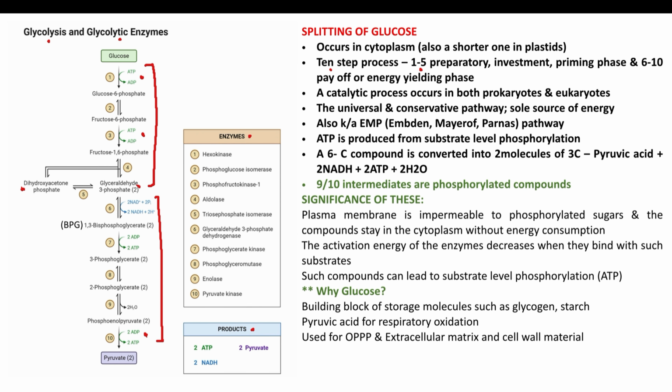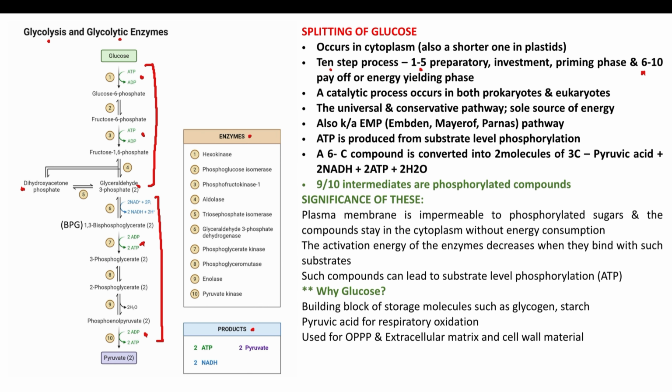The next steps, 6 to 10, form the payoff phase. Why do we call them the payoff phase? We call them payoff because it is here that what you invested in the first 5 steps is going to give you more energy. So it is cost effective.